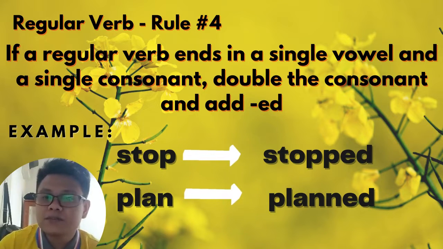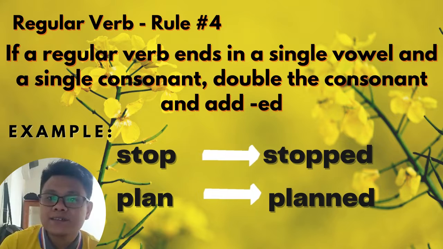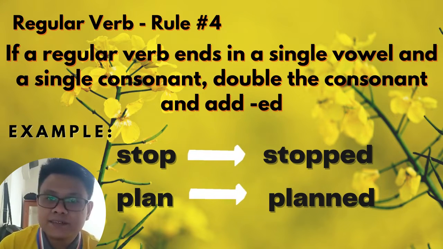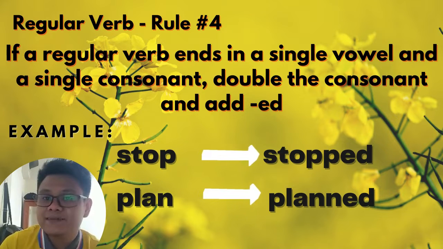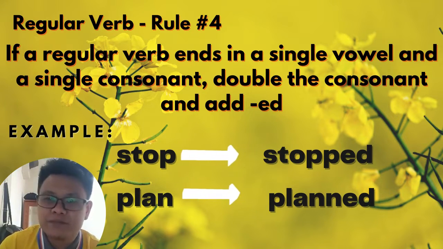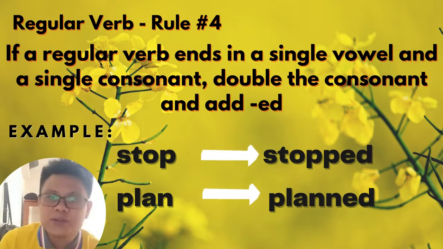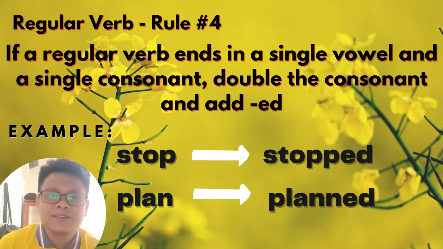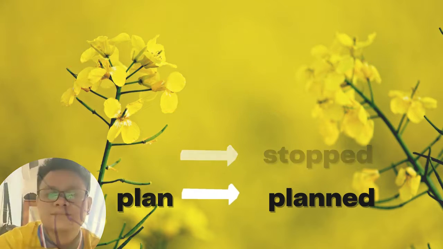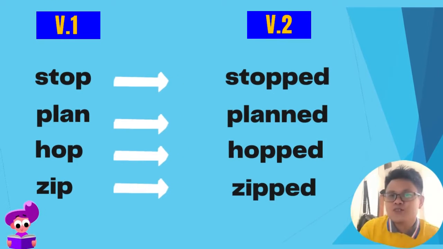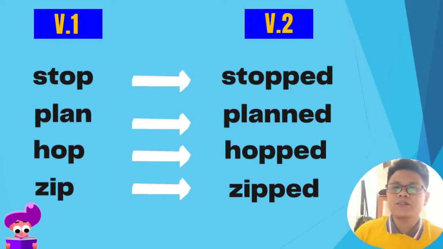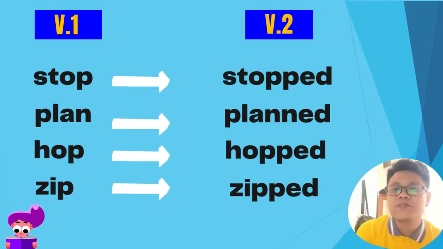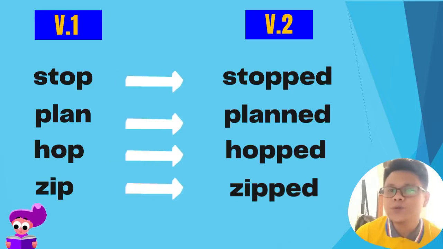Number 2 example, plan, planned. Again, plan, planned. It's quite confusing, but we only need to practice. Alright, to master more, we have examples, verb 1 and verb 2.